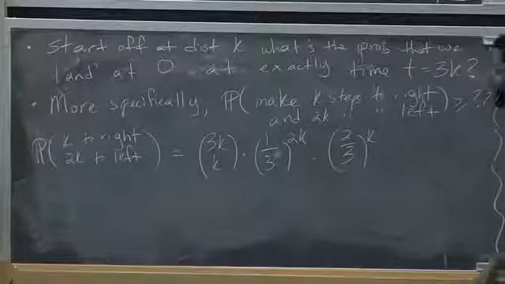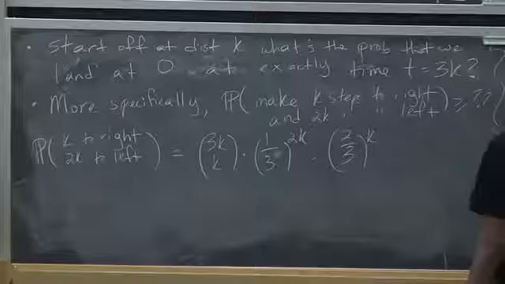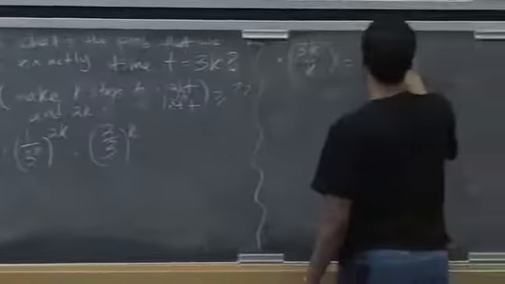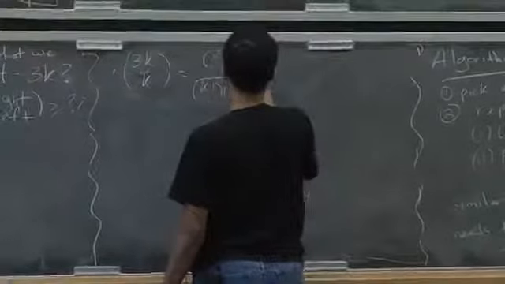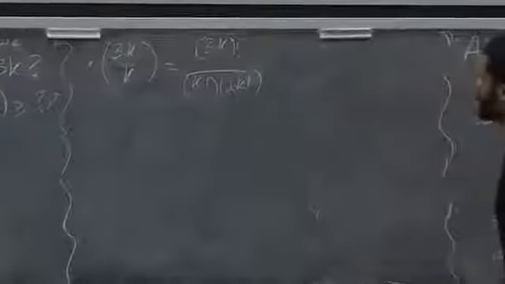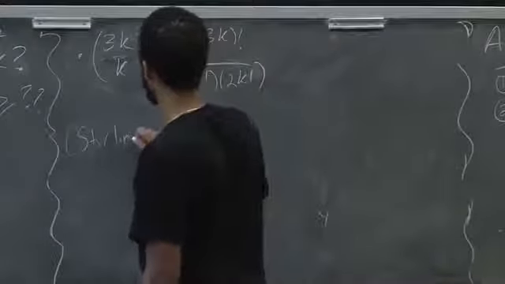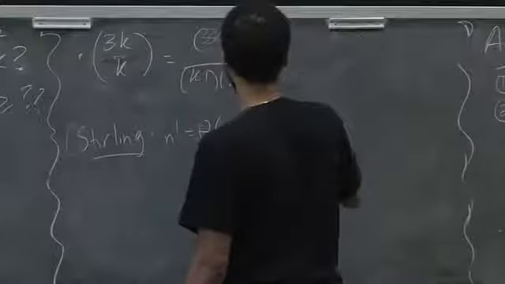And now let's just do a little Stirling's formula. 3k choose k is equal to 3k factorial over k factorial times 2k factorial, which, if you remember, Stirling says that n factorial is theta of root n times (n over e) to the n.